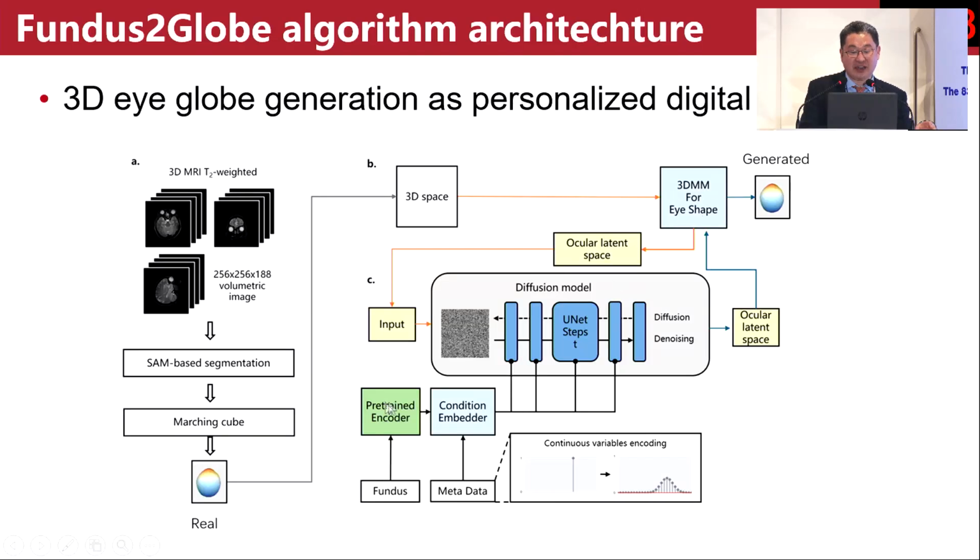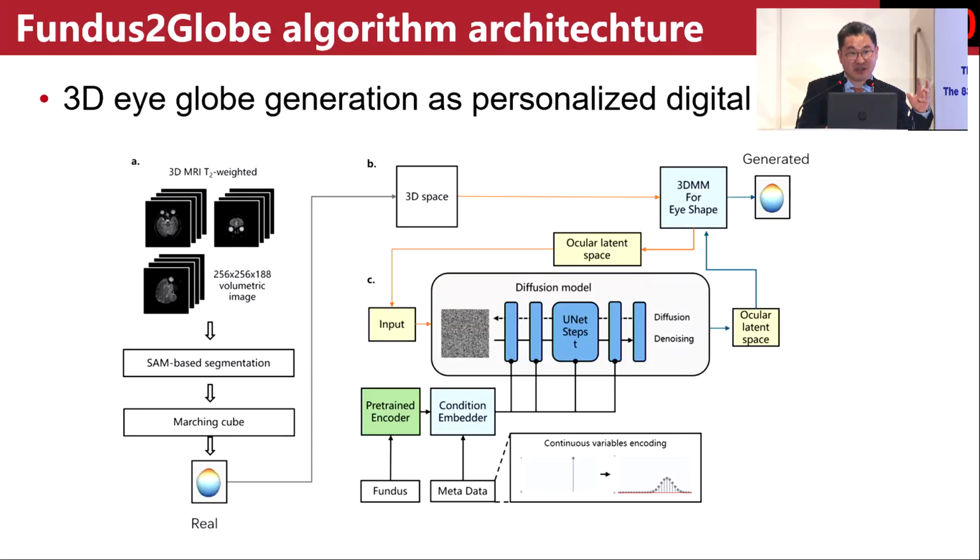We use these two inputs to generate a 3D ocular image and compare it with the gold standard. We have a GAN technology, so we need to train the AI until it cannot differentiate whether the 3D image is generated or real.